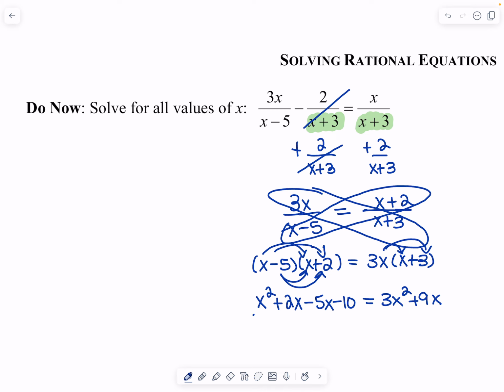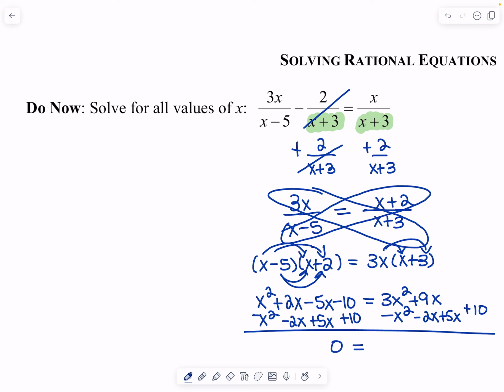So I'm going to subtract my x squared to this side. We might want to combine like terms first, but you can subtract the 2x and add the 5x. Subtract the 2x, add the 5x to that 9x, and then add over the 10. All right, so I'm moving all my terms from the left side over to the right side.